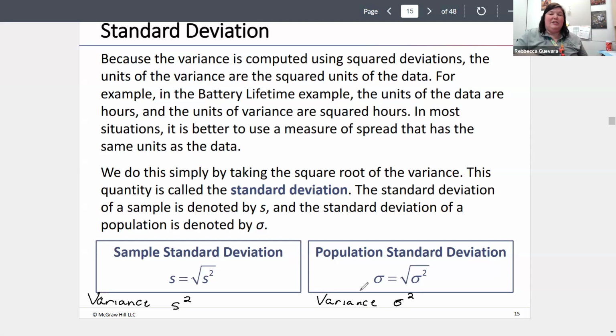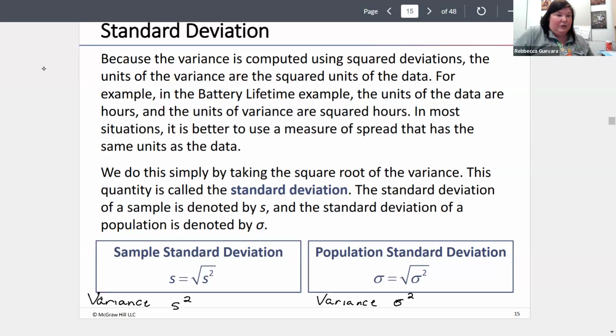To get that standard deviation, all we're doing is taking the square root. Like I said, the notation for variance is just the square of standard deviation, and to get a standard deviation, you just need to take the square root of variance.